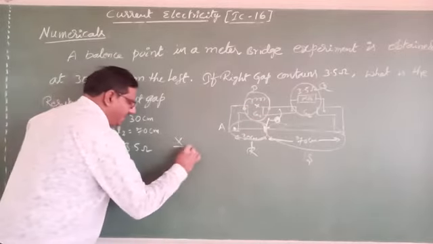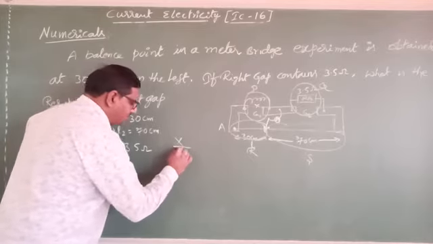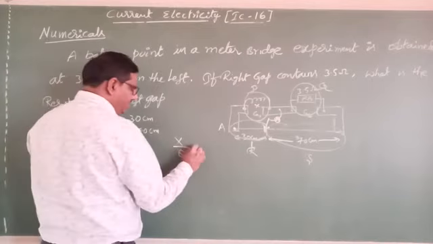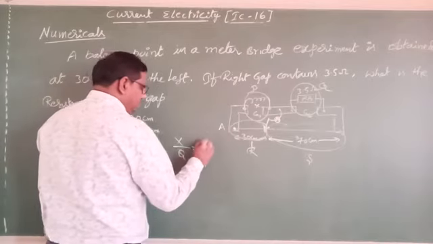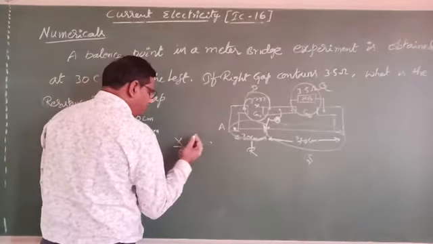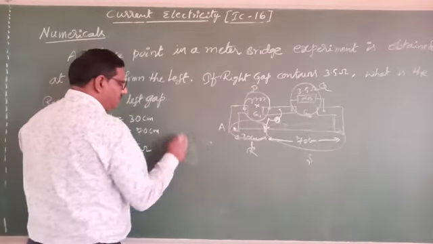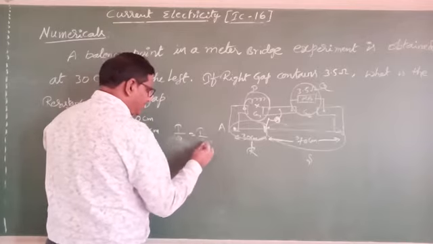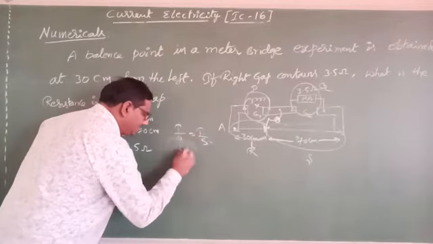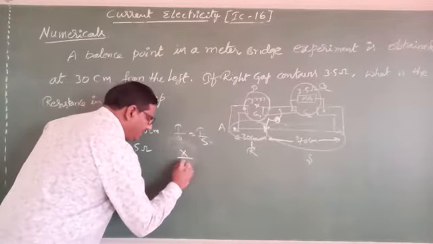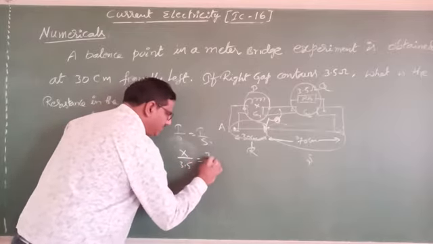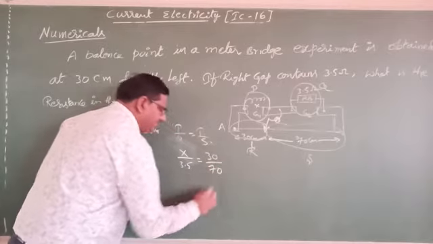So X by the known resistance R or Q, what you write, no problem. First I will write the formula: P by Q equal to R by S. From that, X by 3.5 ohm equal to L1 by L2, that means 30 by 70.